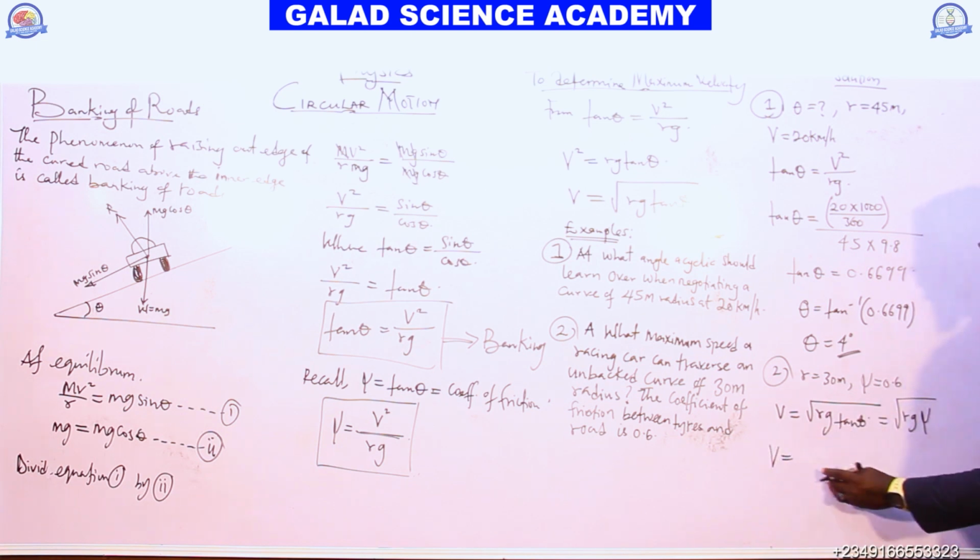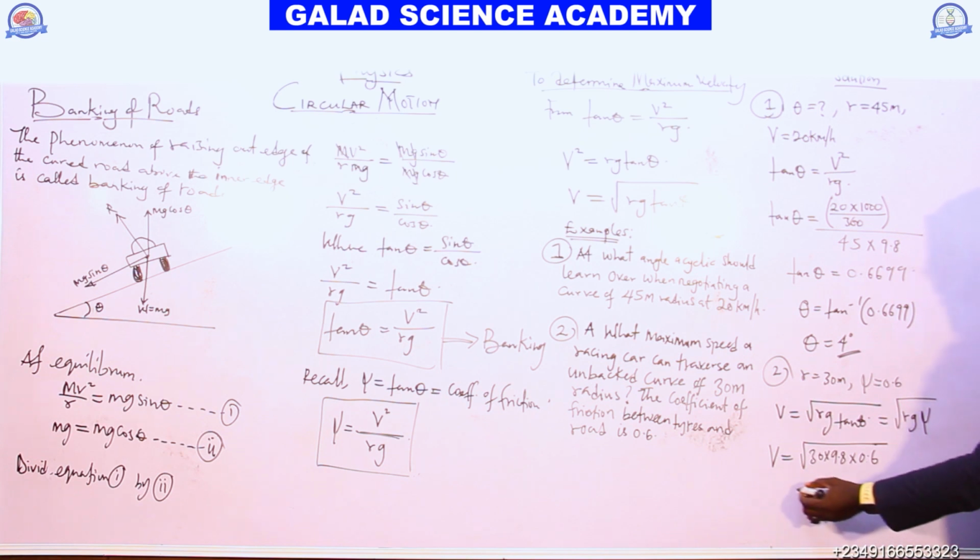So the maximum speed will be v equals the square root of the radius, 30, multiplied by 9.8, then multiplied by the coefficient of friction, 0.6. If you press all on the calculator, we have 13.28 meters per second. That is the speed.